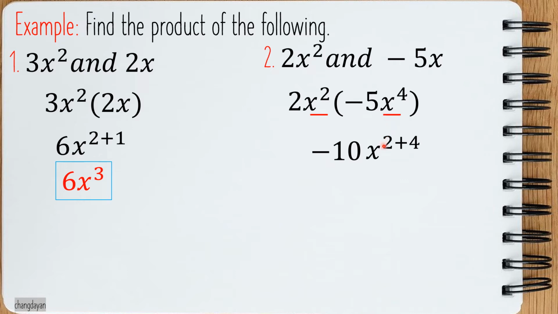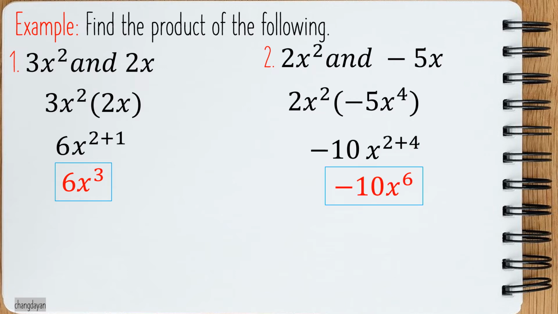And you'll have here, pareho ang kanyang base. Add lang natin ang exponent. Parehong x yan, kaya pwedeng i-add ang exponent. So, 2 plus 4. Then we'll have the final answer, which is negative 10x raised to the 6th power.